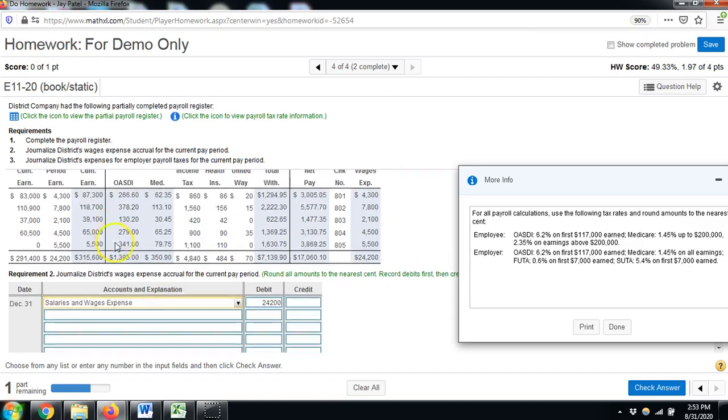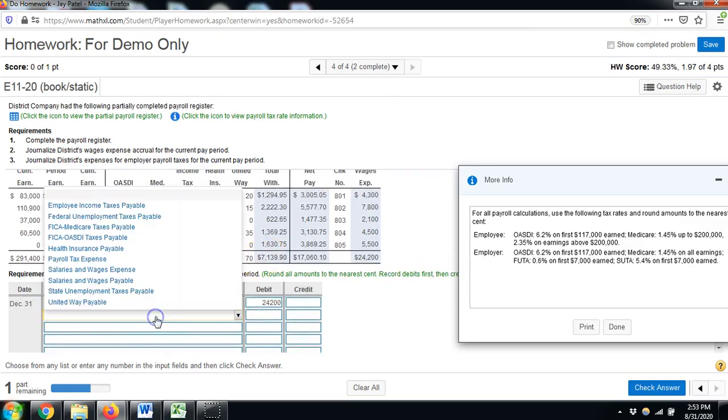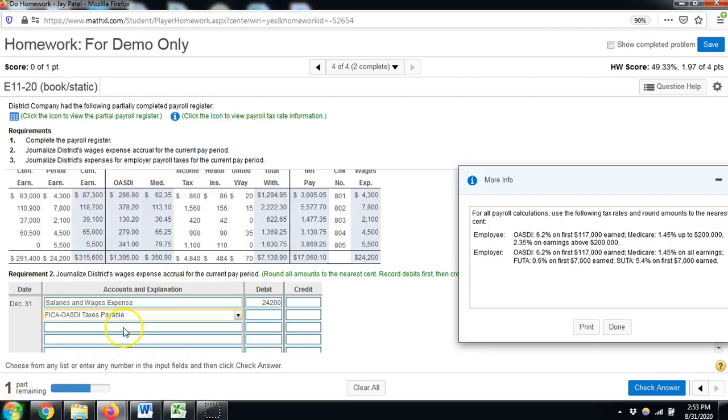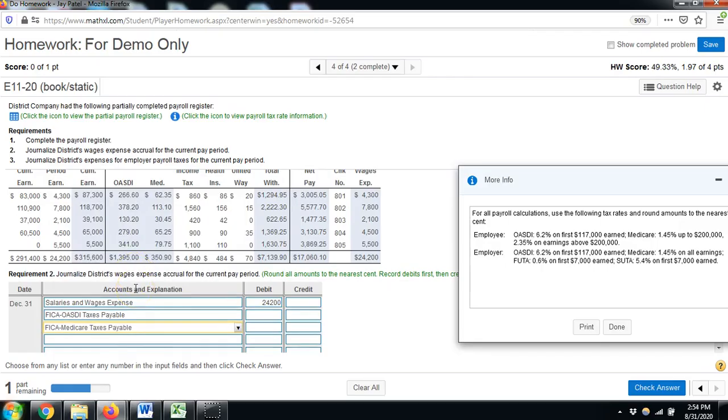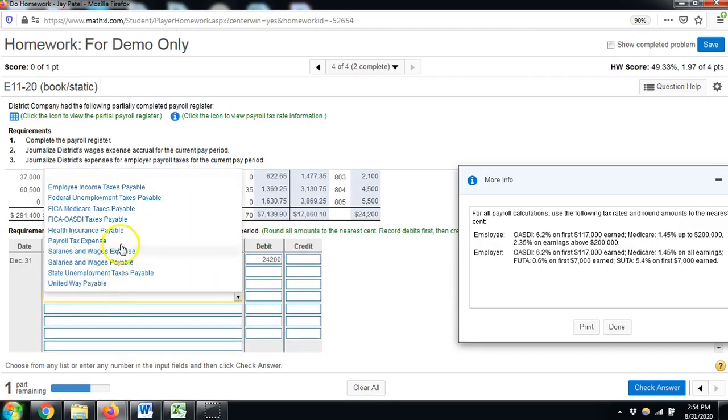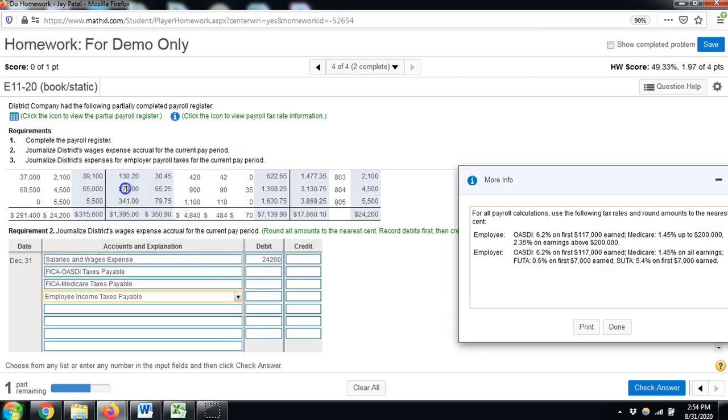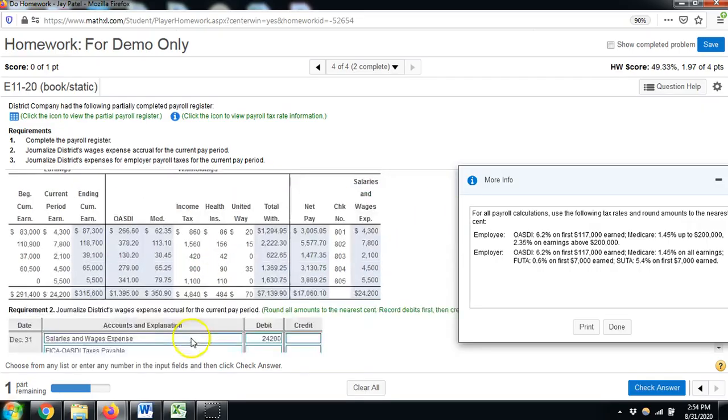So let's just step through these. We start with OASDI. We have Medicare. We have employee income tax, which is right here.